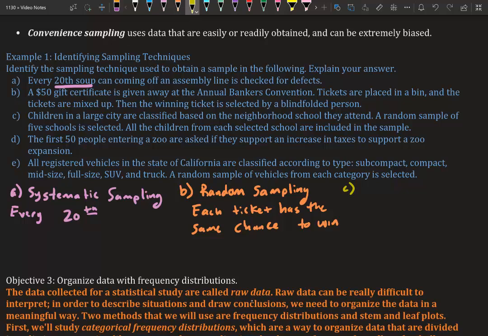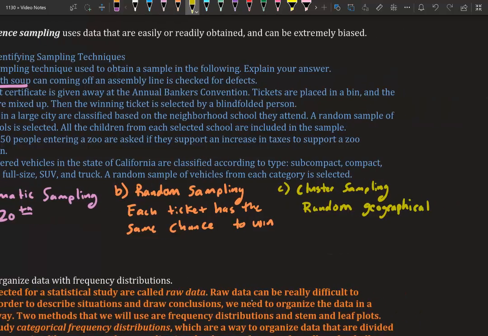So we're clustering our city into little clusters, little pockets to get cluster sampling. So it's a random geographical selection. We're clustering things together.